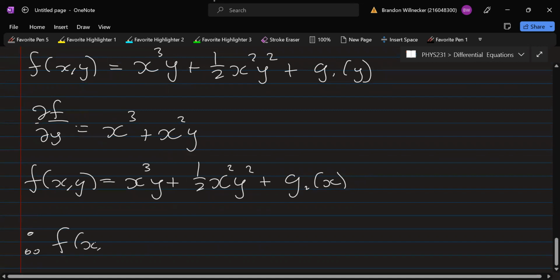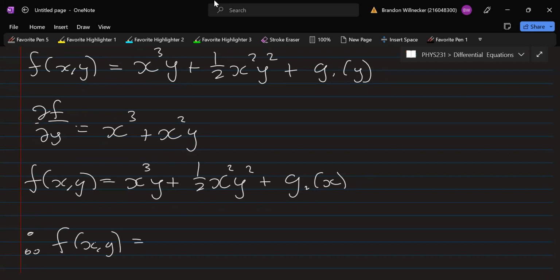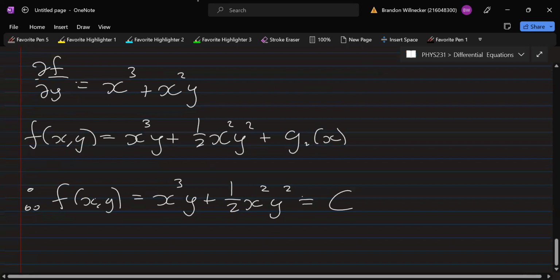Therefore, f(x,y) is equal to x³y + 1/2 x²y², and that must be equal to some constant, c. And again, this is quadratic in y, so we could solve for y using the quadratic formula, but that's a bit too much work for now. So we'll just leave it like that.